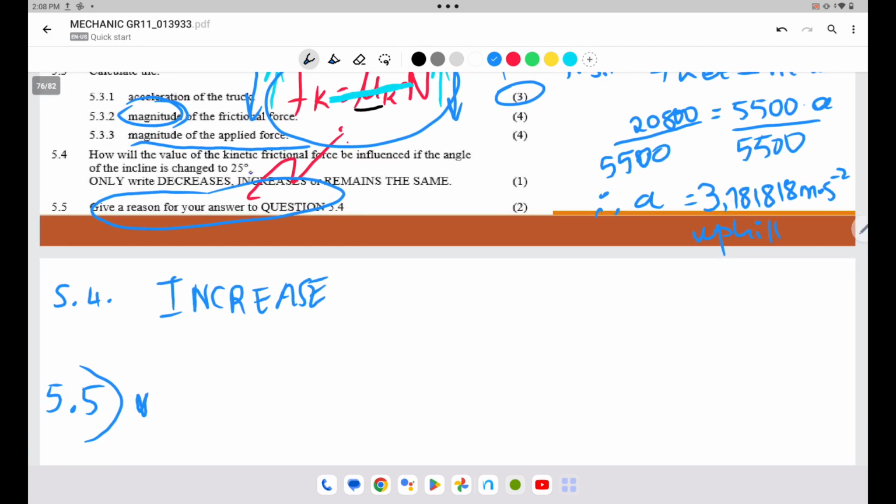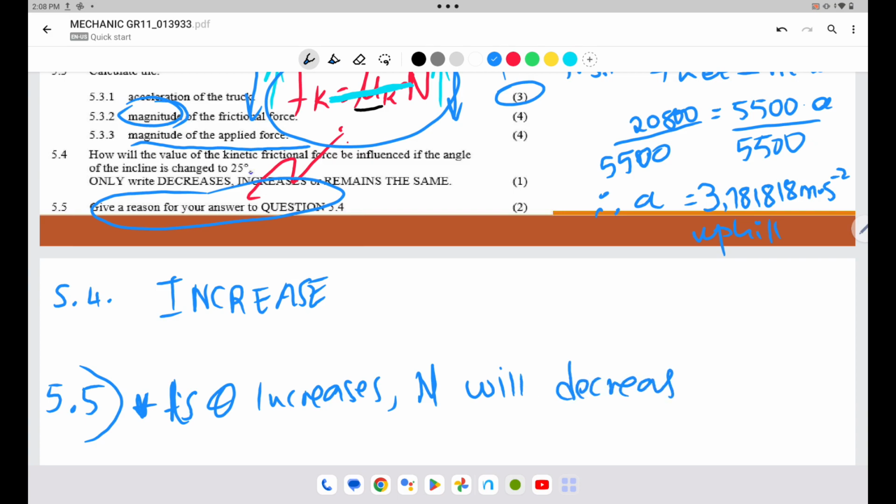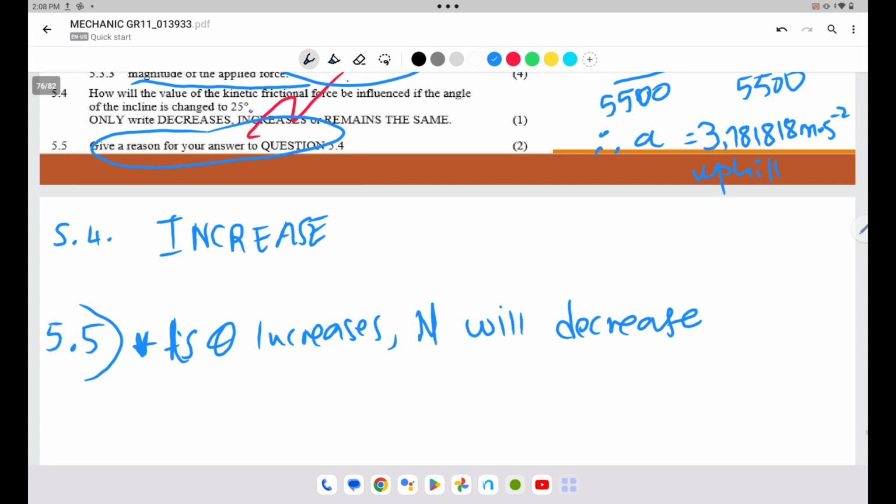So the first thing is, we are saying as theta increases on our rough section, we have seen that normal will decrease. Point number one with a mark. And then now we bring in our equation.